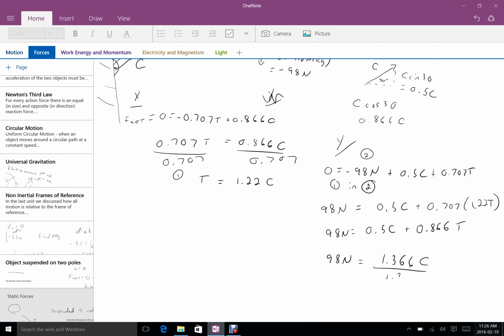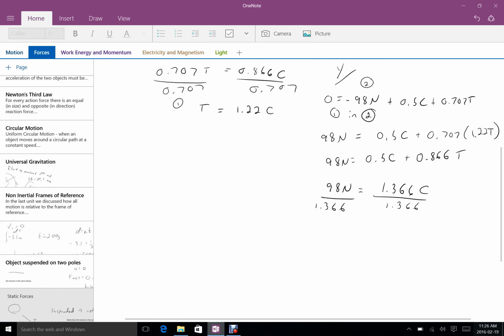So dividing both sides by 1.366, my compression must be 72 newtons.